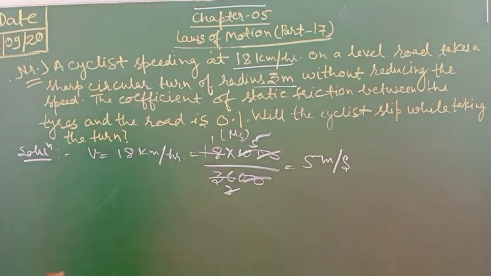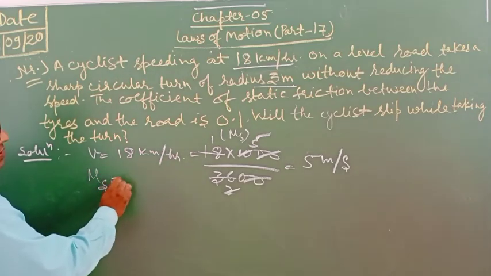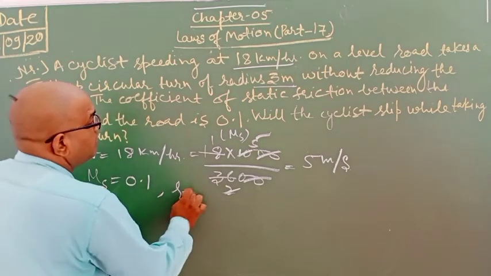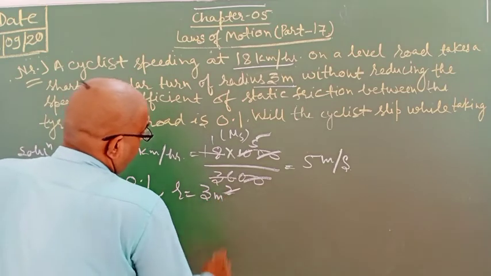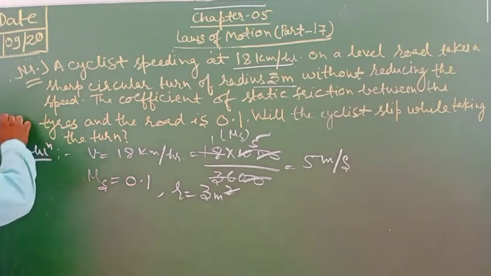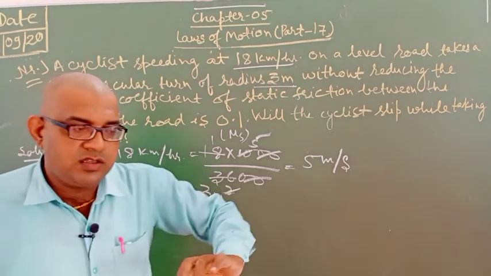Now mu s is given as 0.1, and r is given as 3 meter. So we know the condition for the velocity with which the cyclist will make the safe turn on the circular track.